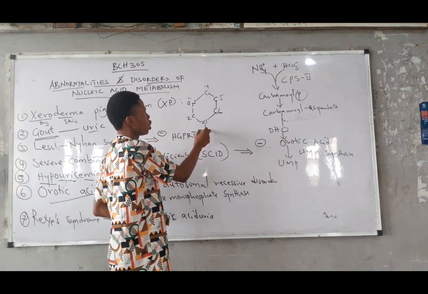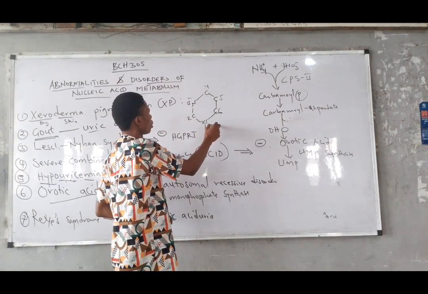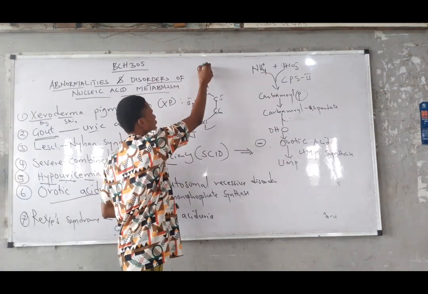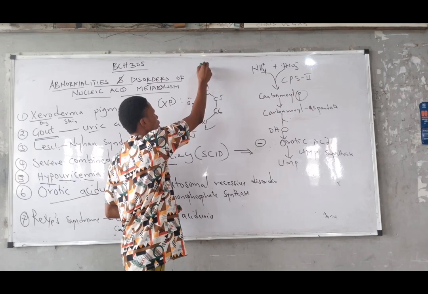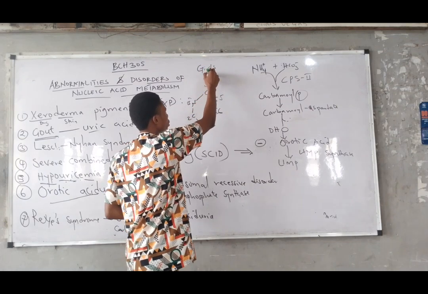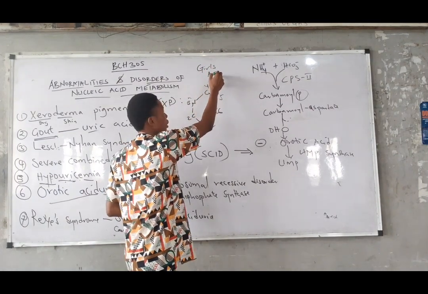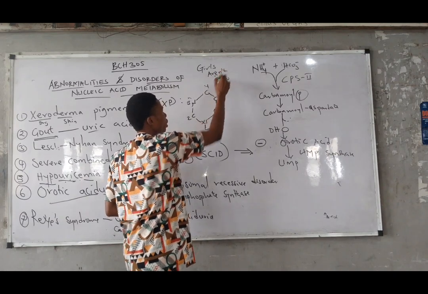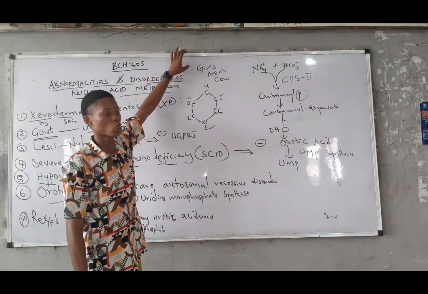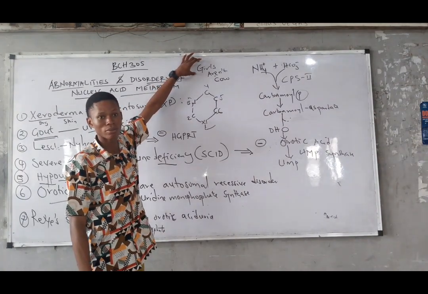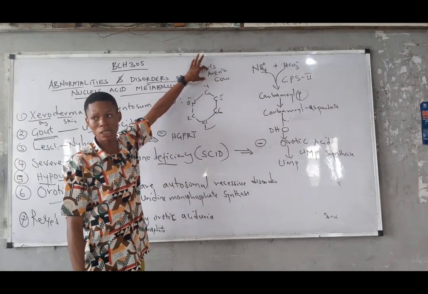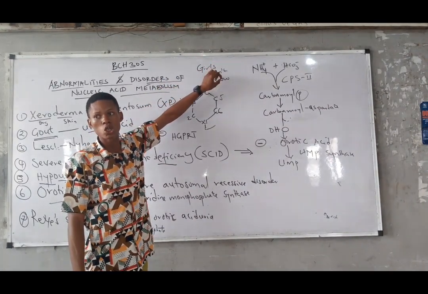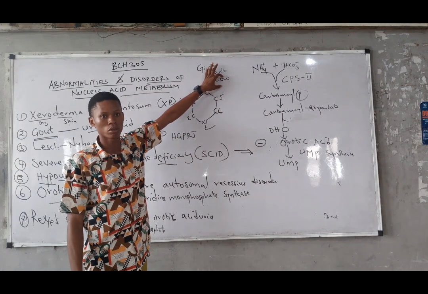Carbon, nitrogen 1, carbon. All right, so G was what? Glutamine, right? This was what? Aspartate. And this is CO2, right? CO2 was producing what carbon?